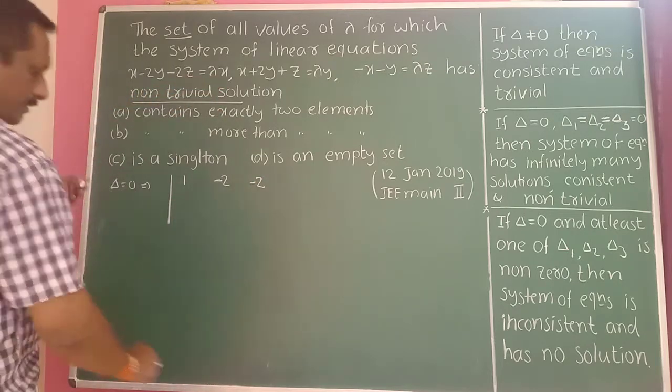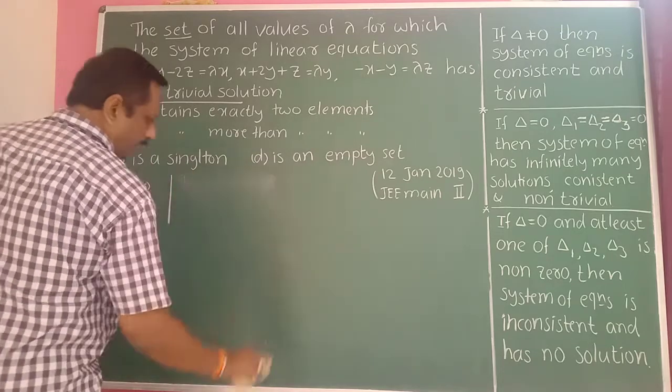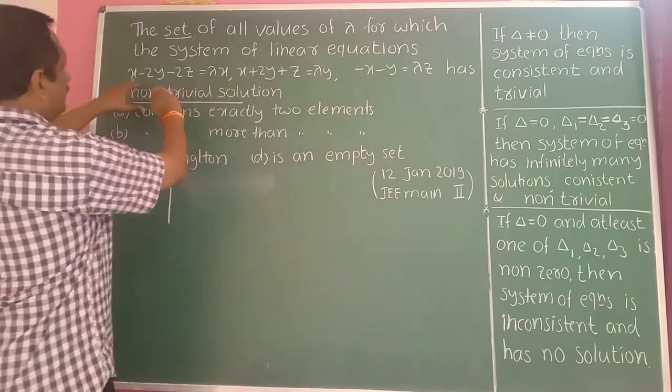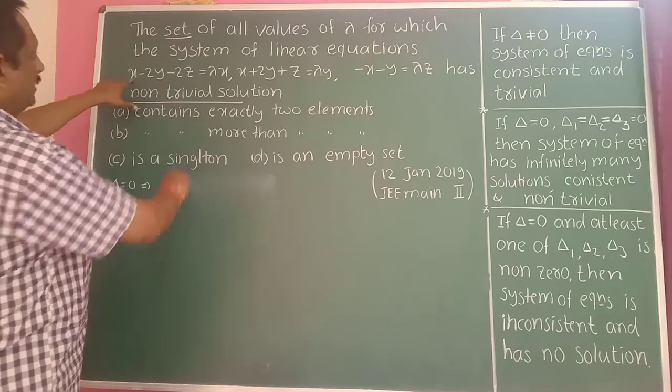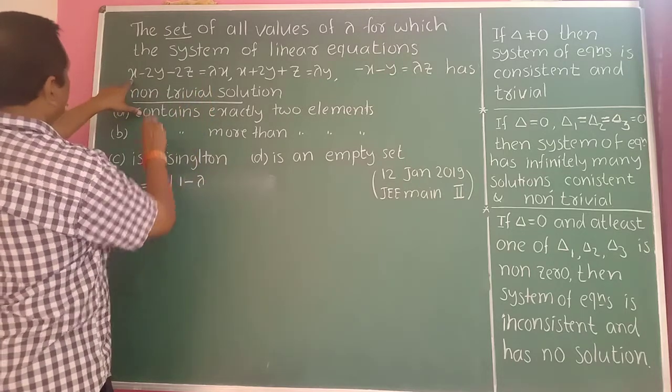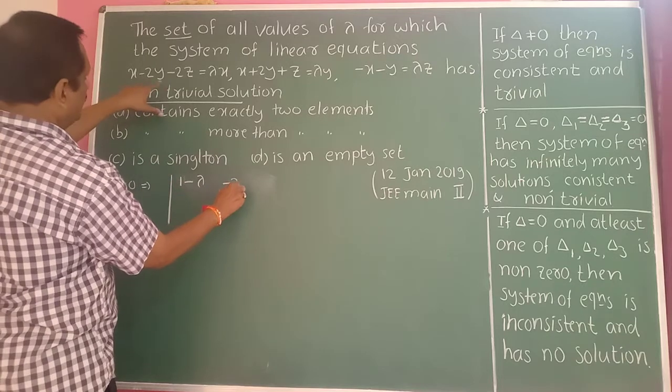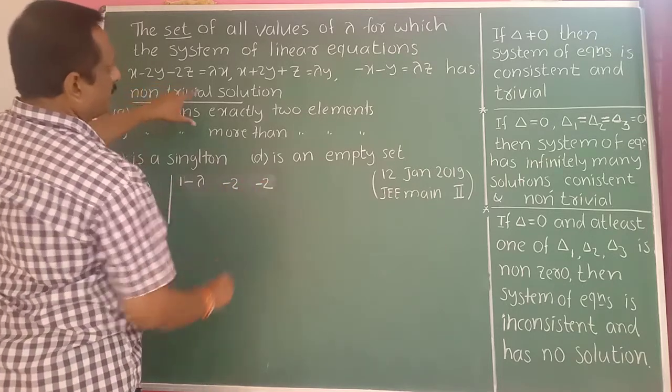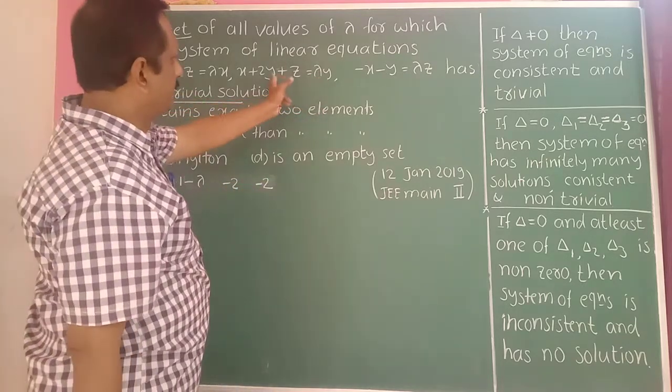Take lambda x to the left side. So x is the common factor here, so it is 1 minus lambda, then minus 2 and minus 2. Take lambda to the left side, it becomes minus lambda.